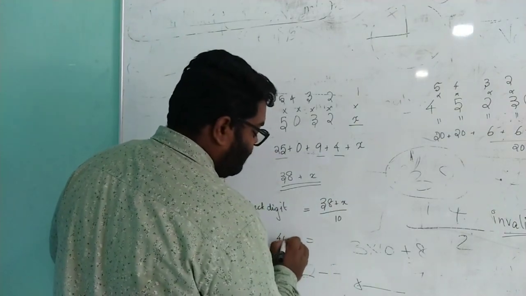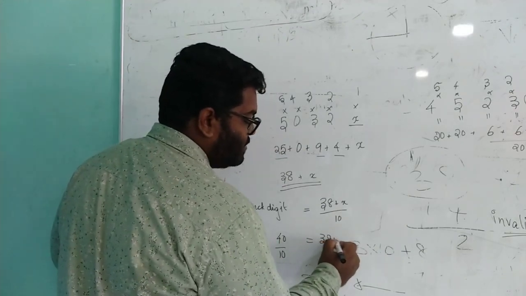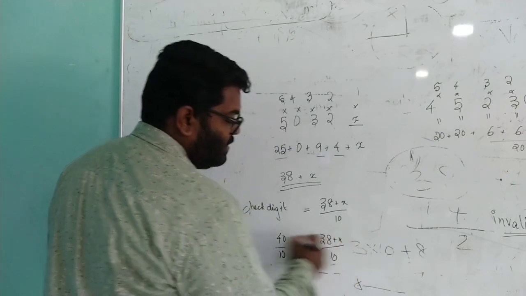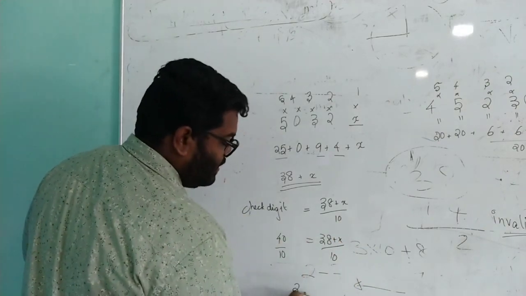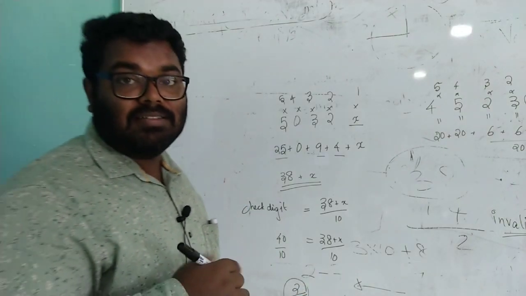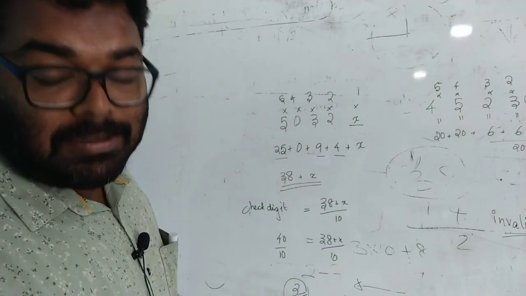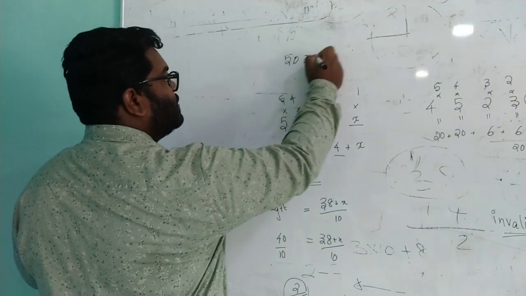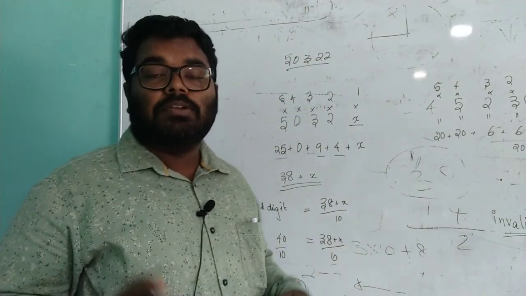So we'll just say 40 by 10 is the value. So you can just assume the x is 2 here, right? So you have found it, and that's not the end of the question's answer yet. You have to write it as the identification number. 50322 is the identification number, and that's how you conclude that question.